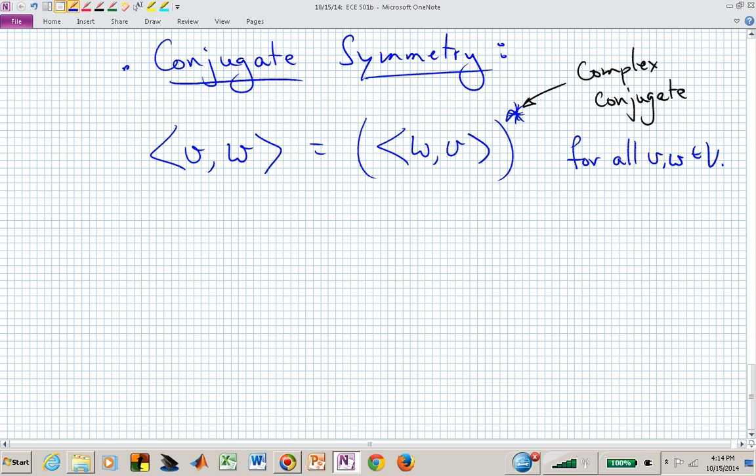If it doesn't, then you simply can have the inner product of v with w being equal to the inner product of w with v. So it's symmetric. But if you're dealing with something where the field has complex conjugates, then you need to invoke this conjugate symmetry. Yes?